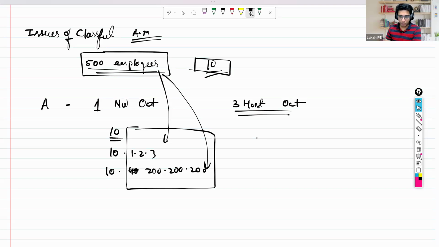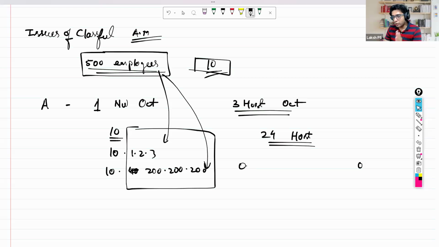Three host octets means that there are 24 host bits, starting from the second octet till the last octet.